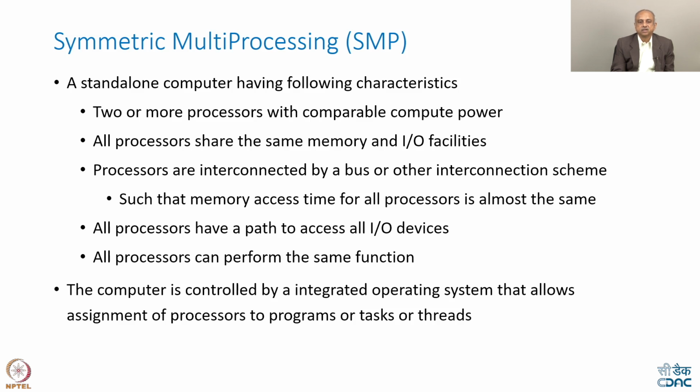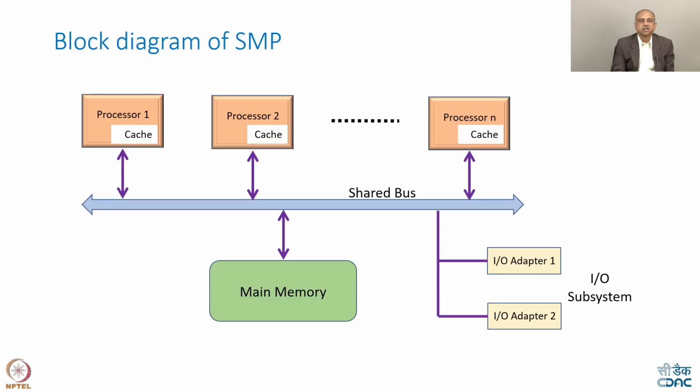The good thing about it is that the operating system finds such an architecture easy to deal with, because there are no constraints. Every processor has access to every portion of the memory at the same speed, that is symmetric multiprocessing. This diagram tells us how it works. Here there is processor 1 which has its local cache, like this you have processor n which has its local cache.